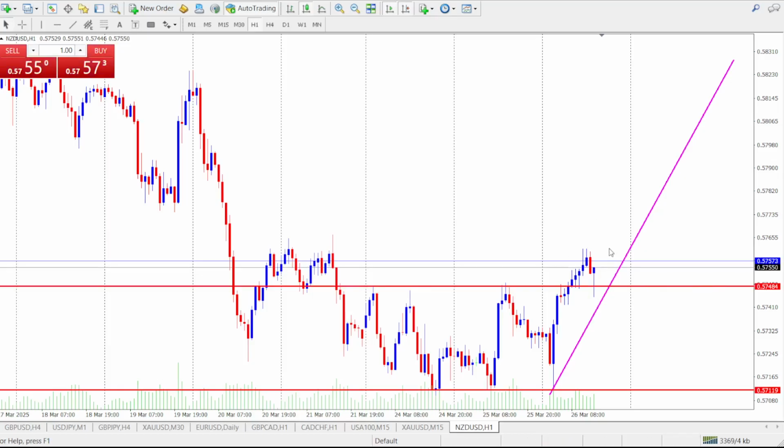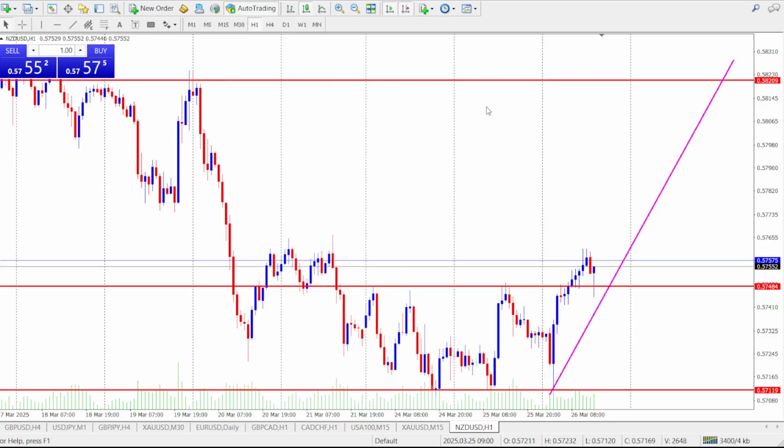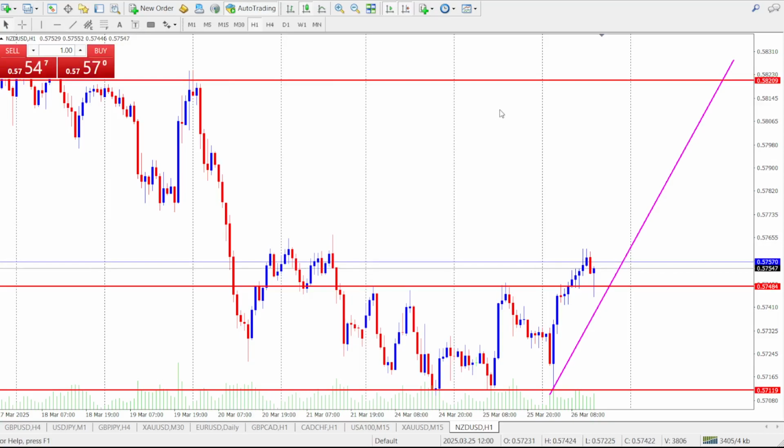When you get confirmations given the prevailing strength of the NZD and the prevailing weakness of the USD, you can get good buying opportunities, and then you enter a buy trade. Once you get your confirmation, you can add other indicators as well, and then you set your stop loss below the previous swing low, and then you can target resistance zones for your take profit. This is just a very quick example.